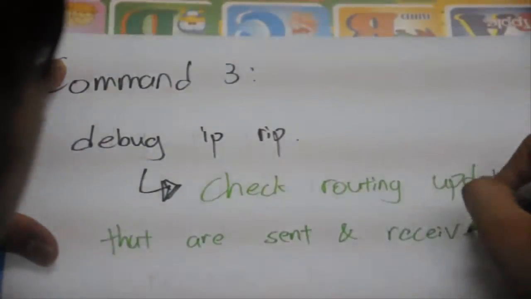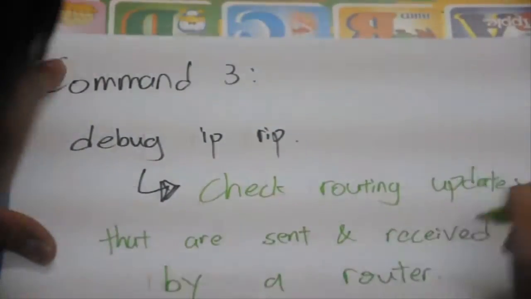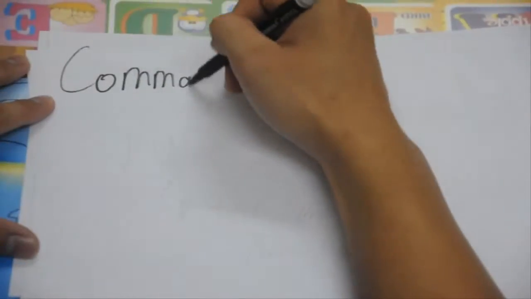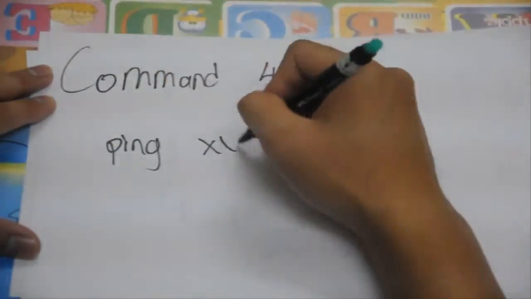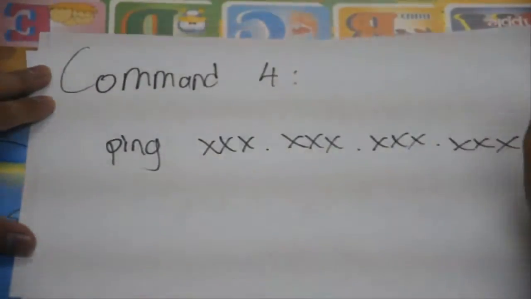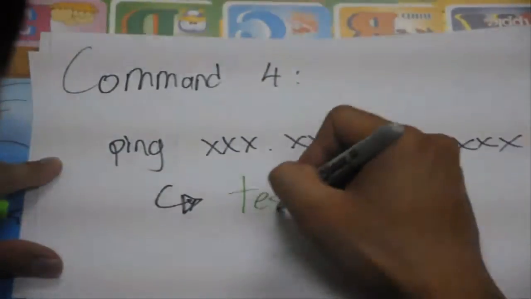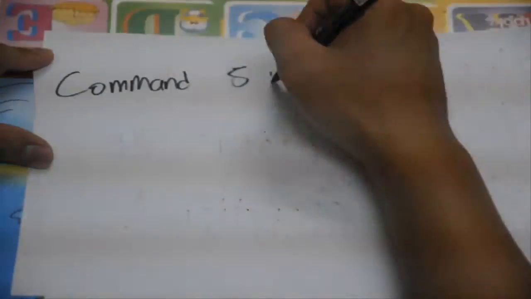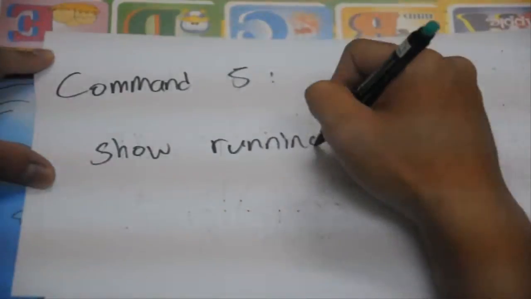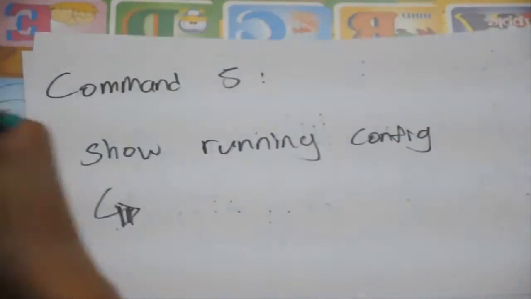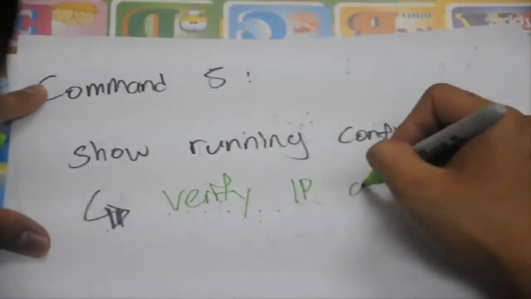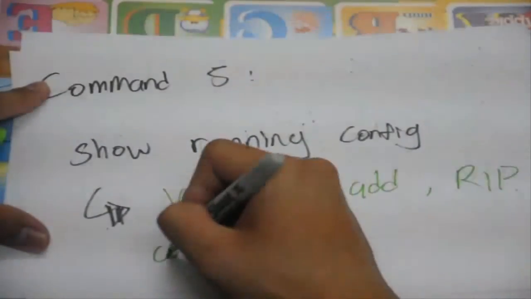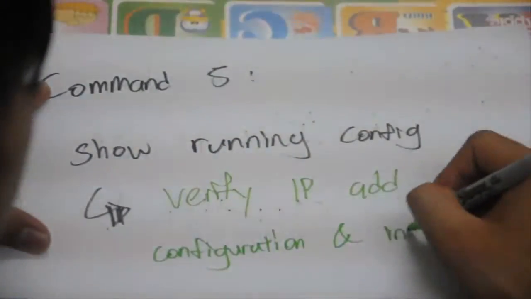Check routing updates that are sent and received by a router. Ping to test end-to-end connection. Show running-config, to verify IP address, RIP configuration and interface.